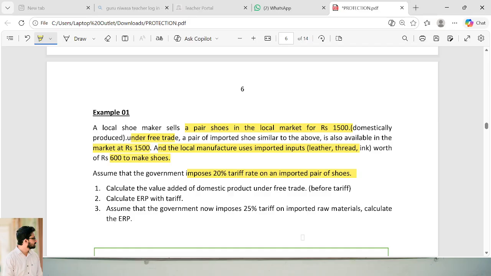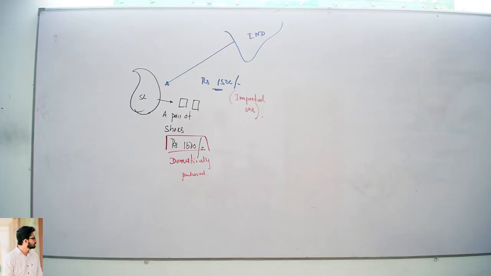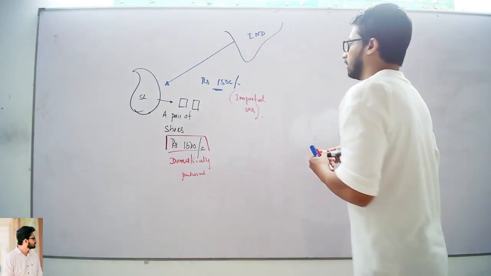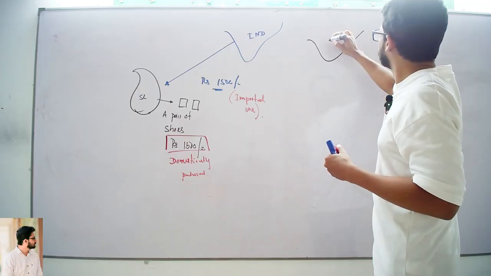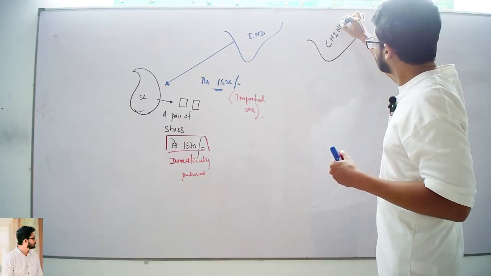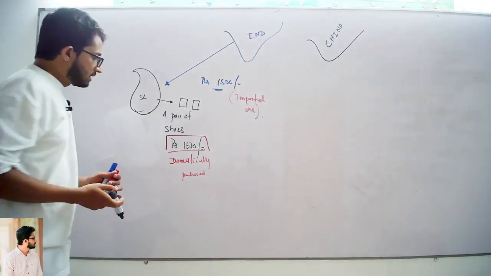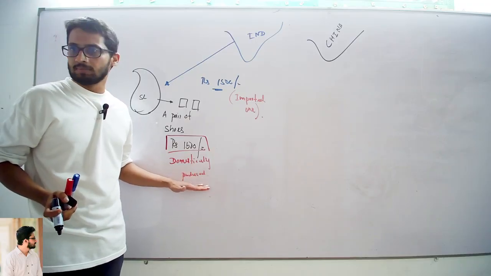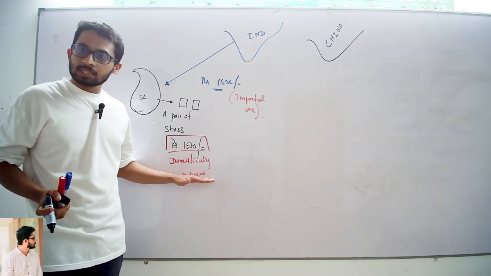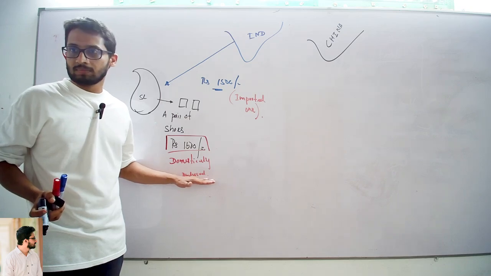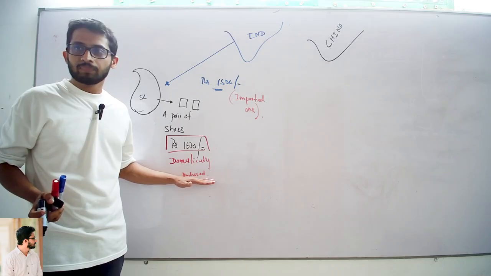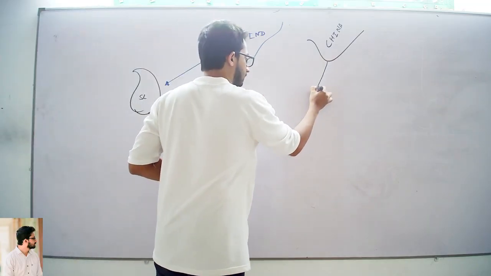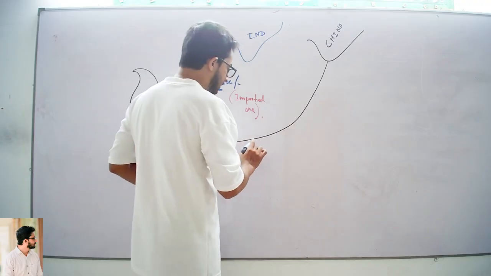And the local manufacturer uses imported inputs. What does it mean? Assume China. When producing this domestic pair of shoes, the Sri Lankan producer purchases raw materials such as leather and ink from another country, assume China.